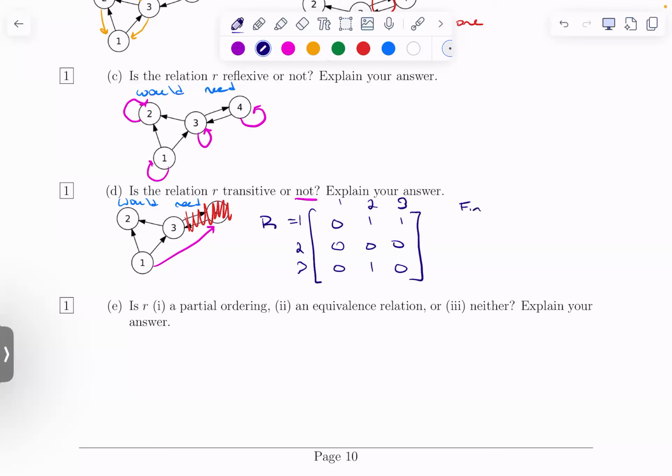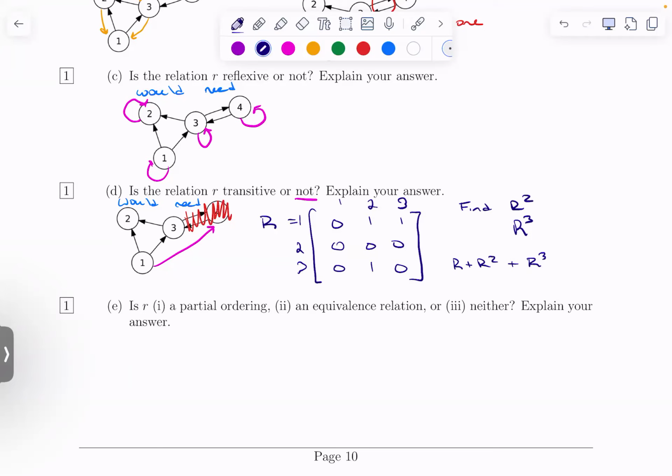You would find R squared. Take this times itself. You would find R to the 3. Boolean arithmetic, right? Boolean multiplication is easy, right? And then you would find R plus R squared plus R to the 3.